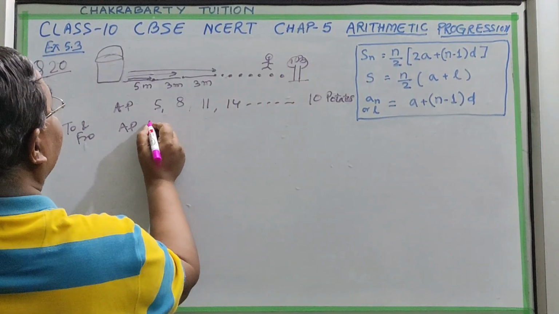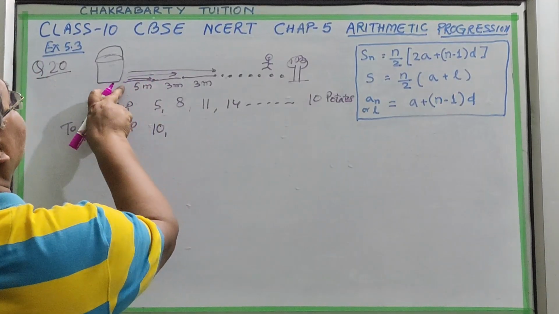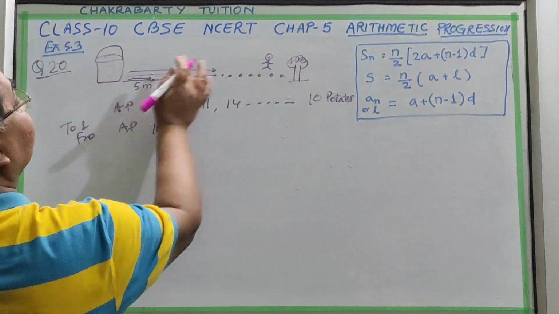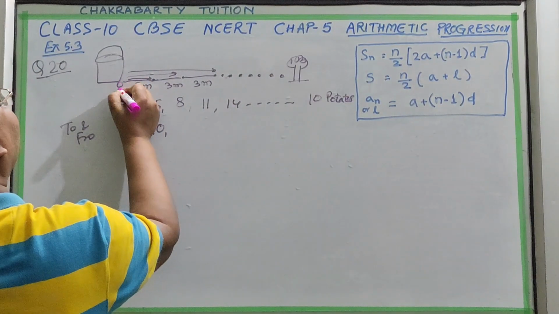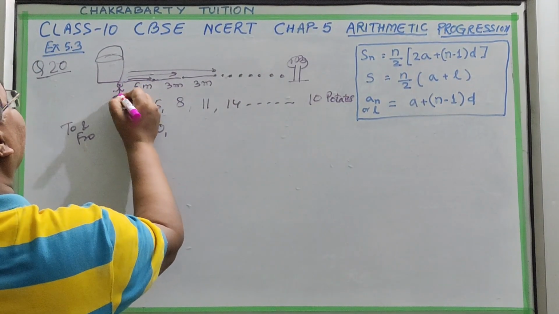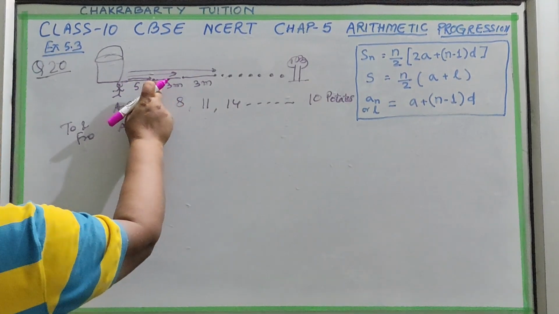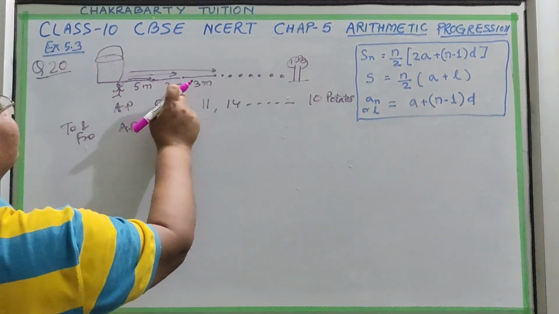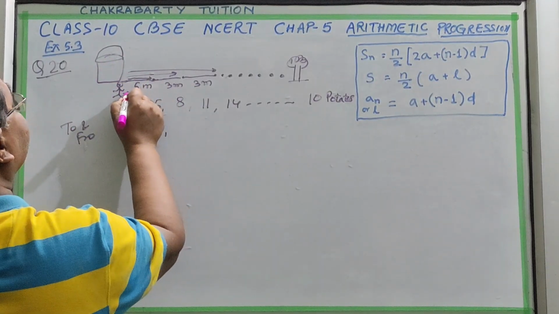So total distance will be to and fro. Suppose 5 she goes, 5 she will come back. She starts from here, the girl is here, picks up the potato and keeps it here. Again she goes up to here and puts it here. Like this she is going in this direction.